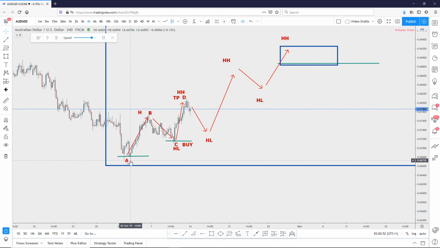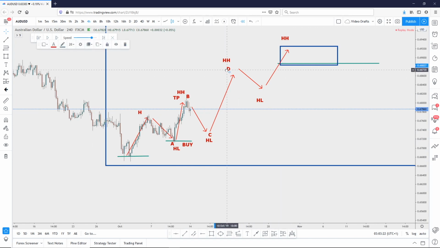Well, looking at how we use Fibonacci, A, B, C, D. Price is up here now. How do I apply fibs on the next wave? Let me move these to the side. This becomes our new point A. This becomes our new point B. This becomes point C. C is always a retracement.